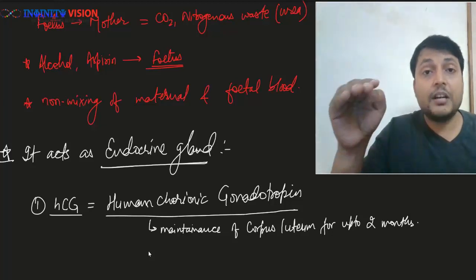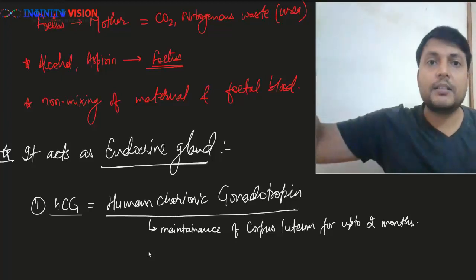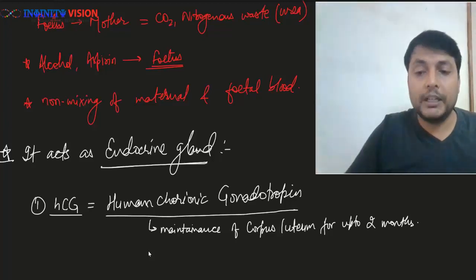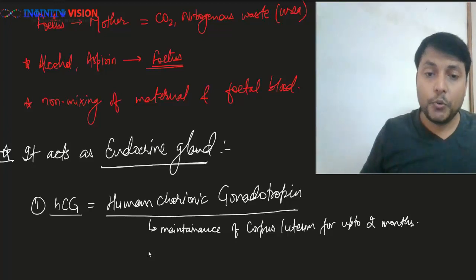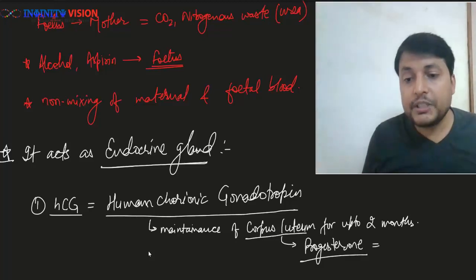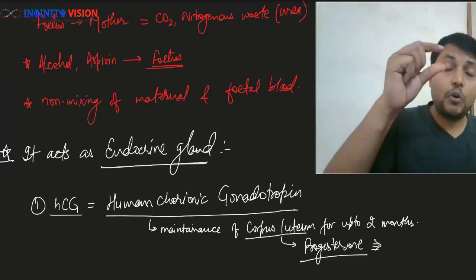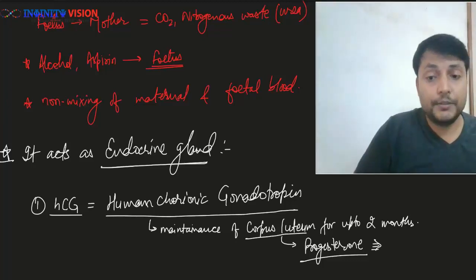Rather, it stands there for the next 2 months, that is up to the end of 2 months. And by doing so, this HCG makes sure that the corpus luteum keeps on secreting progesterone, which is responsible for the maintenance of the uterine wall and hence the implantation.